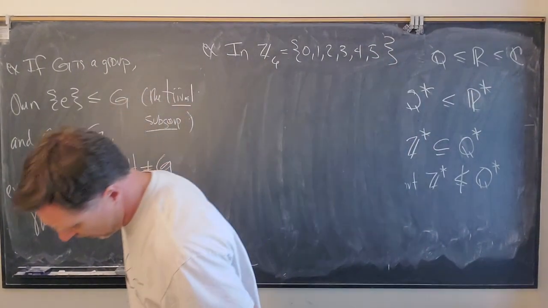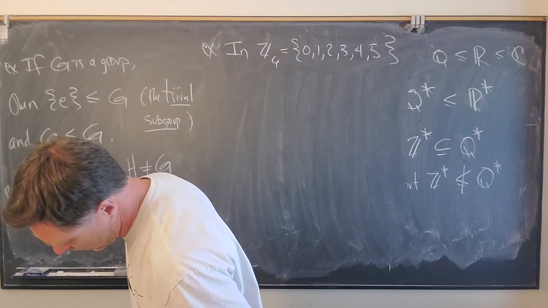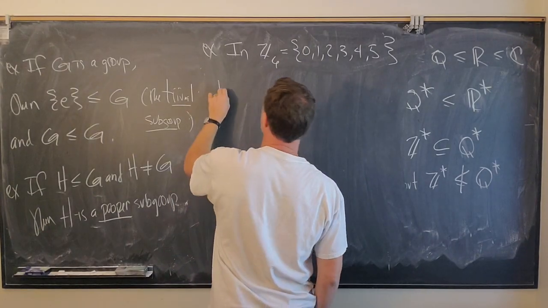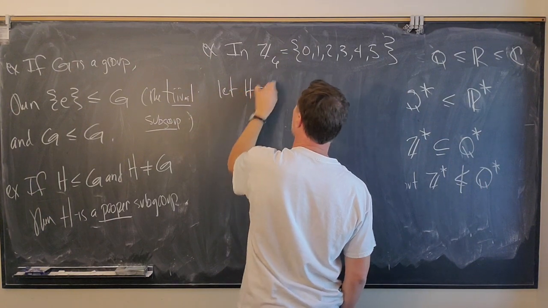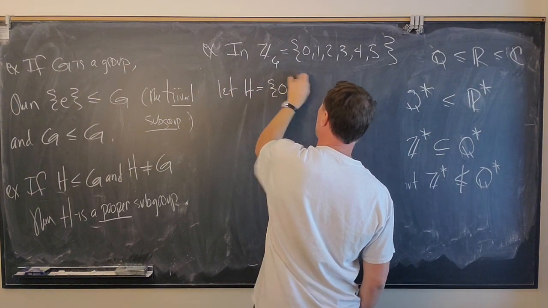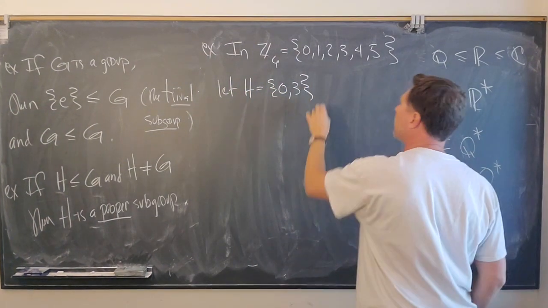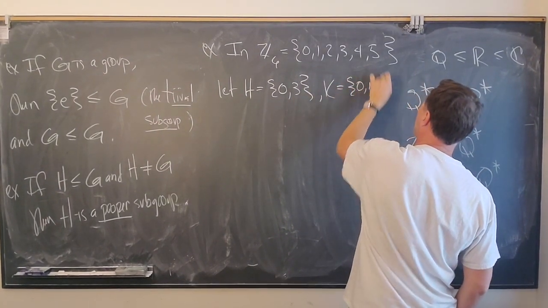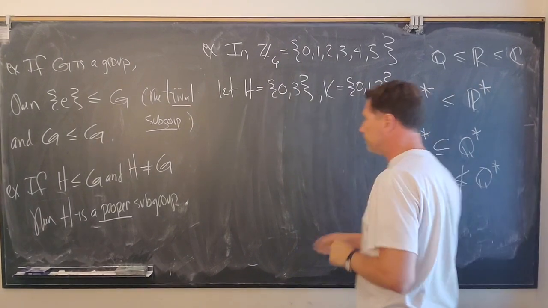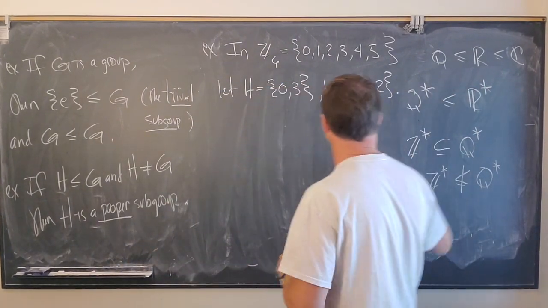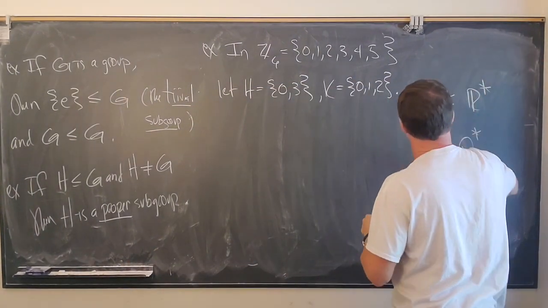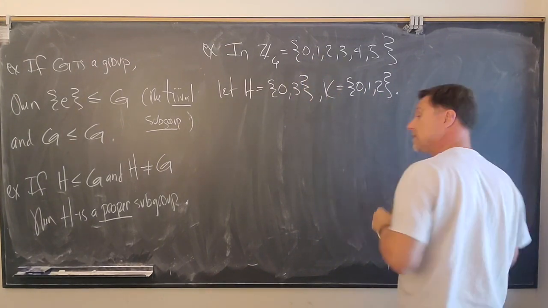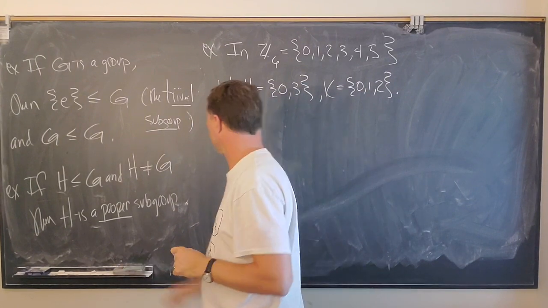And I want to look at H. So let's let H equal the set consisting of 0 and 3, and let's let K be the set consisting of 0, 1, and 2. Remember, the operation in Z6 is addition mod 6.